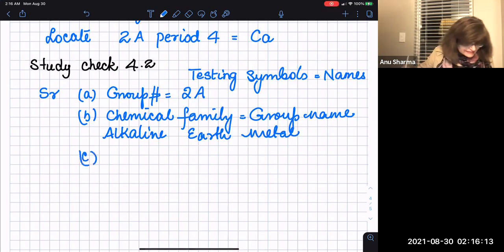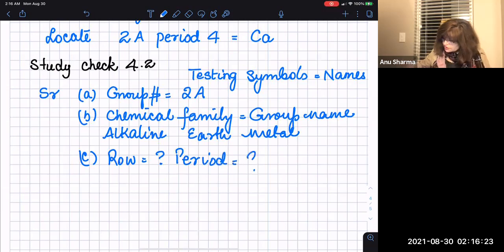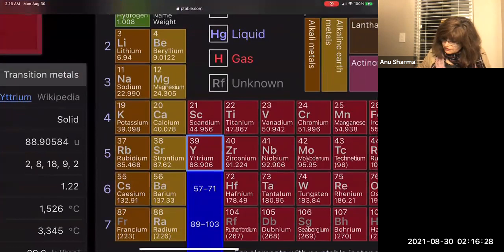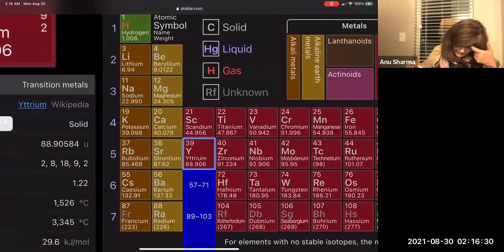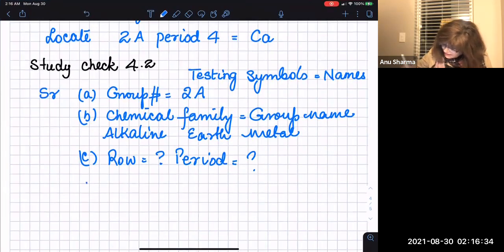Okay, next is in what period is strontium found? So they are asking what row, or what period, strontium is found in. So you go back, look at the periodic table. Strontium is found in the 5th period.